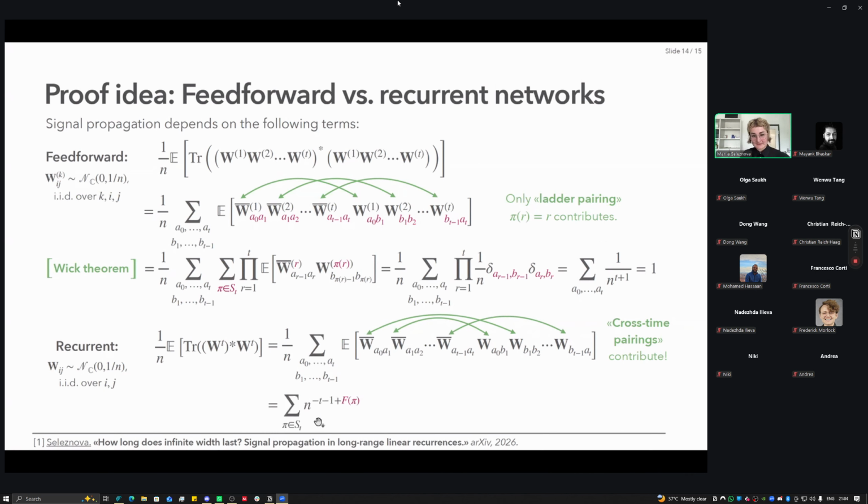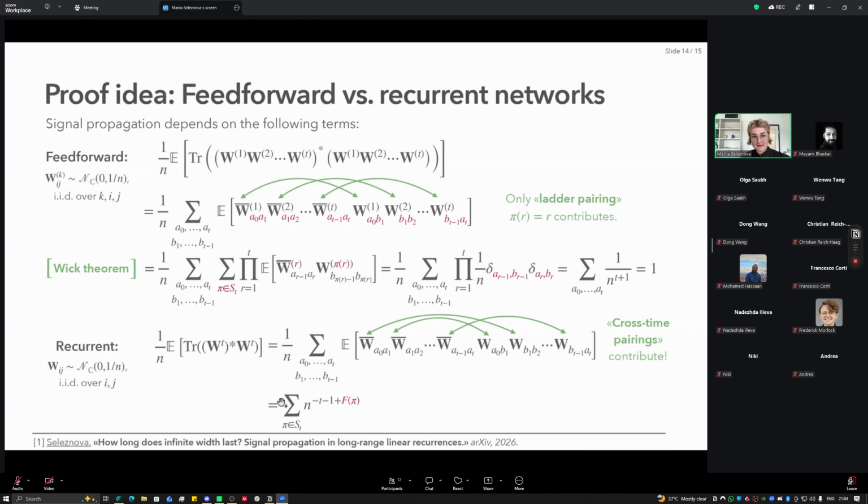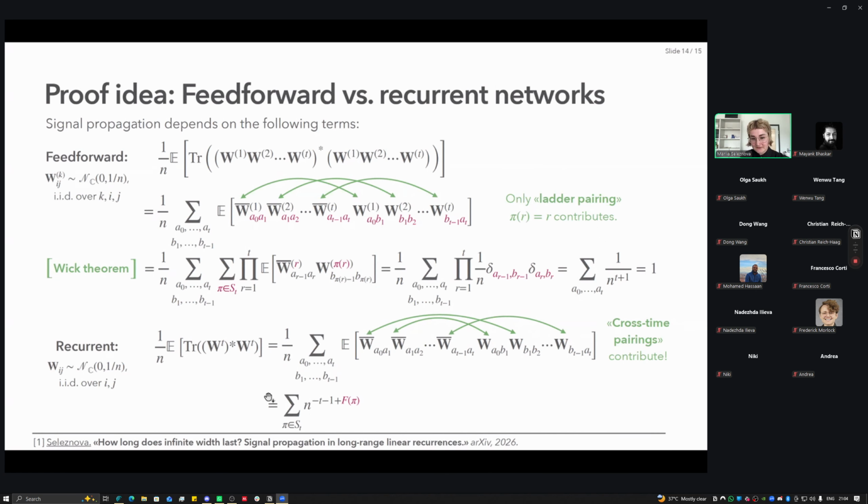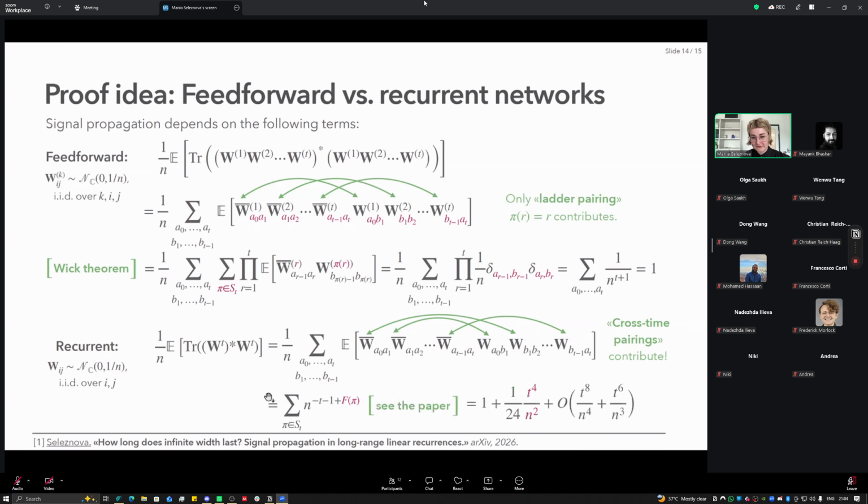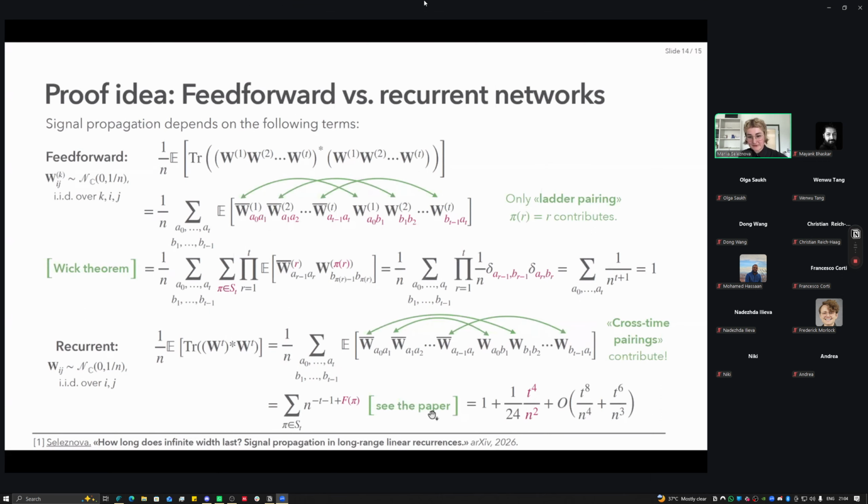So basically, now in the recurrent case, we need to think of the sum over pairings, where each pairing has a certain contribution based on how many matrix indices it contracts. And I'm not going to explain here how exactly we figured this out. You can see the paper to see the actual method.